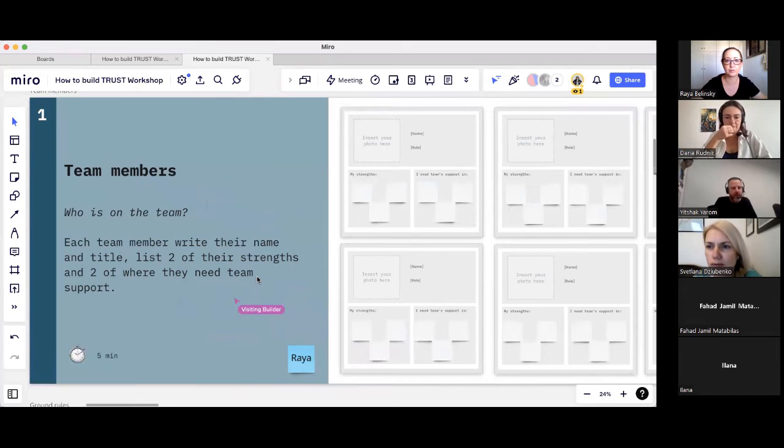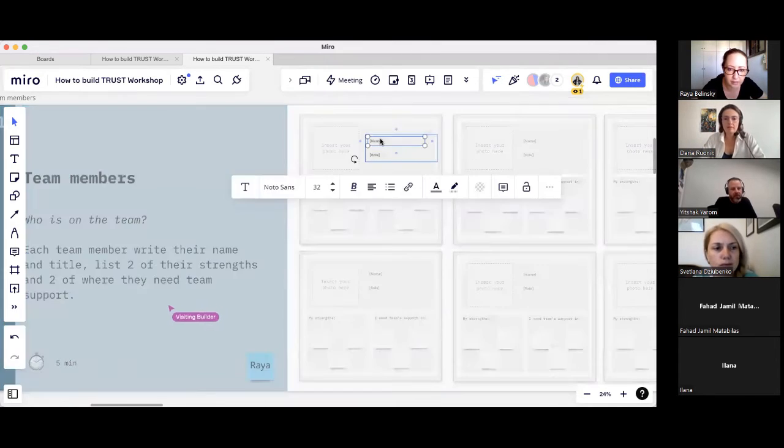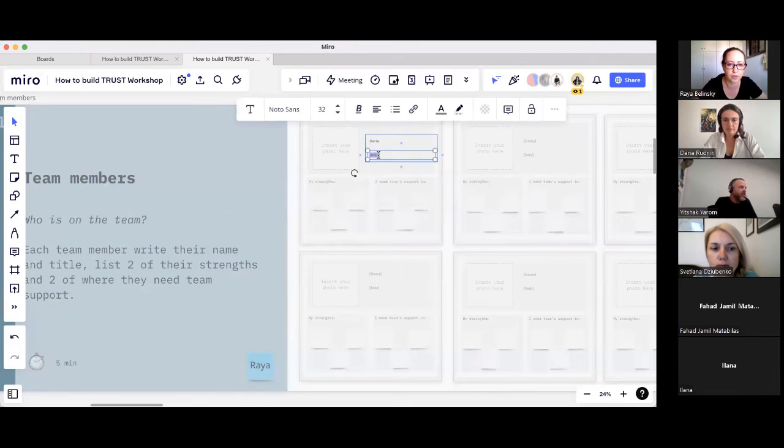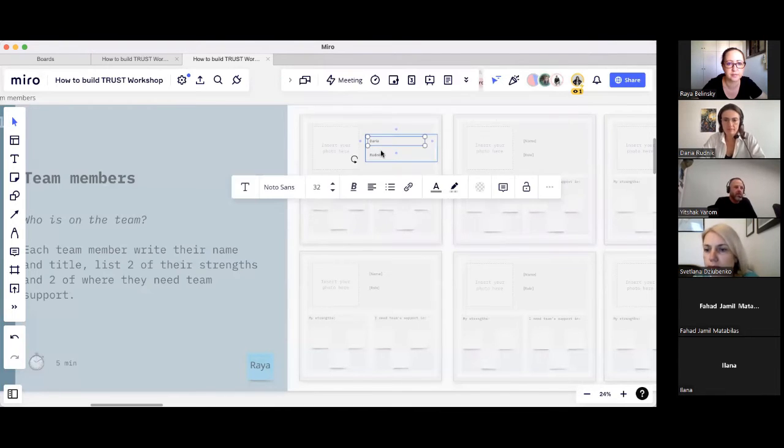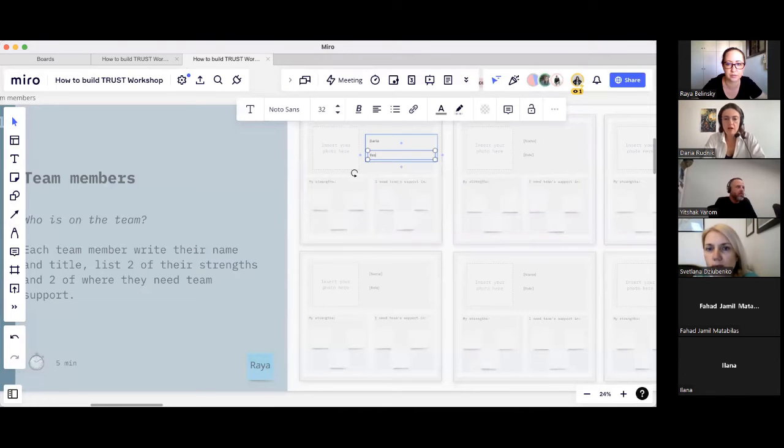Where am I supposed to write it? Here you have the block with the name, and then the role, your strengths, and the support that you want to ask from people. Yeah, Daria? Yeah, I wrote it as an example.